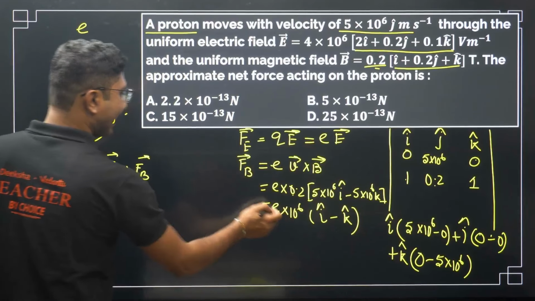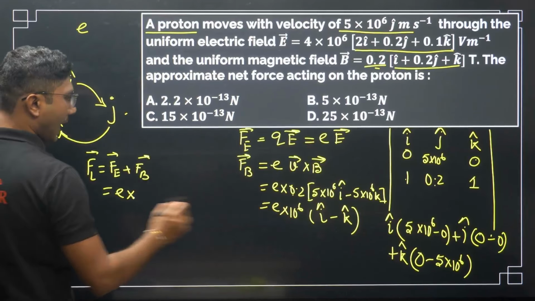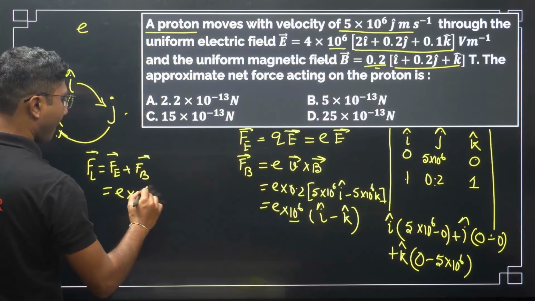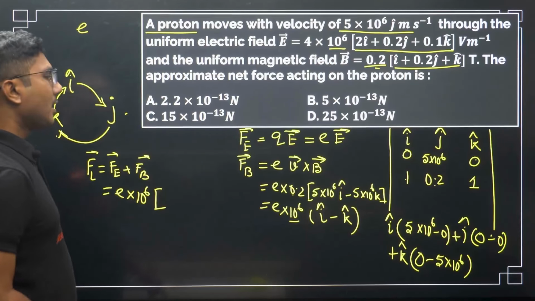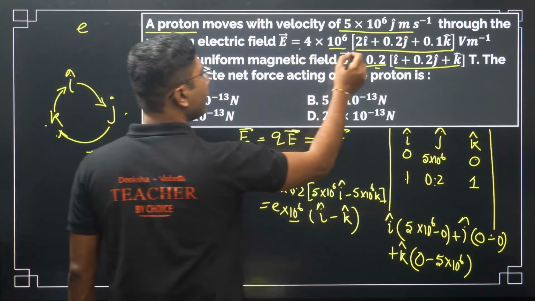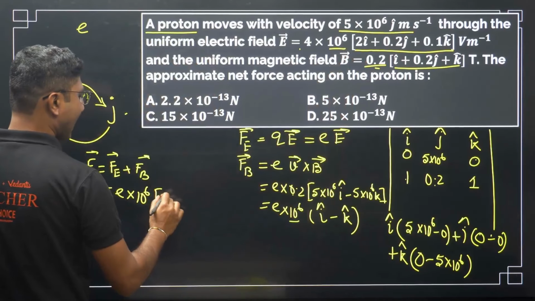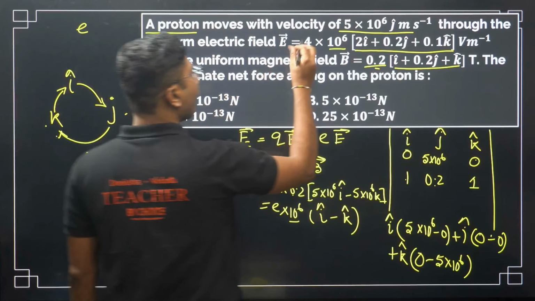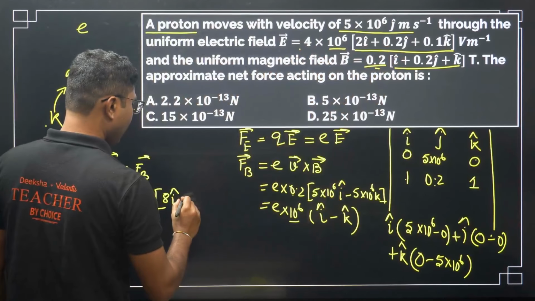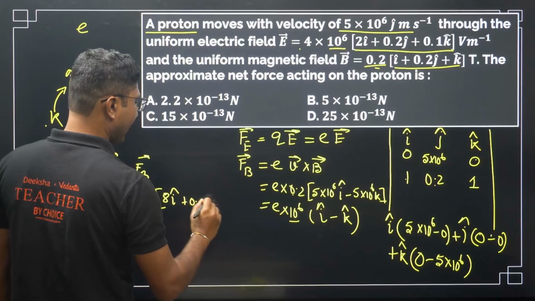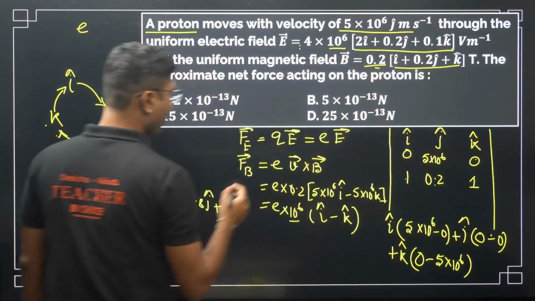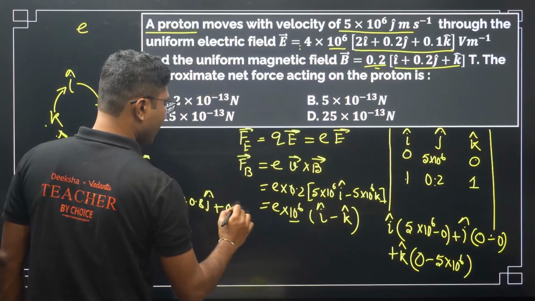So e is common, and 10 to the power of 6 is common, right? Now what we are left with, we have 4 into 2, that is 8 i cap. 4 into 0.2, that is 0.8 j cap, plus 4 into 0.1, that is 0.4 k cap.